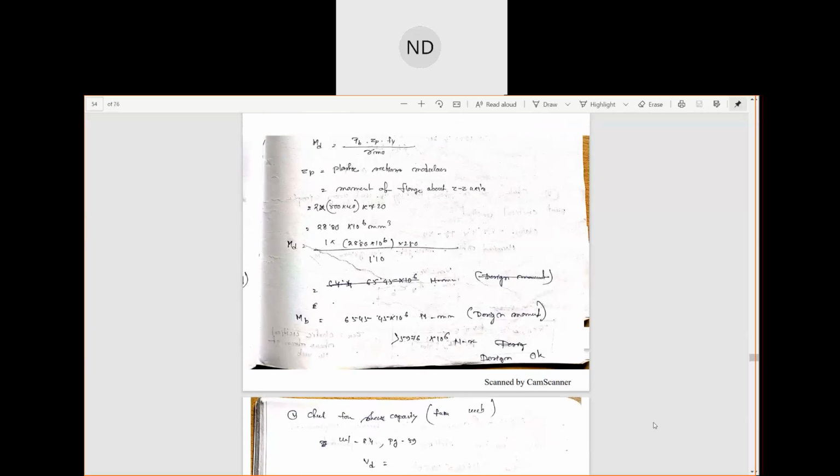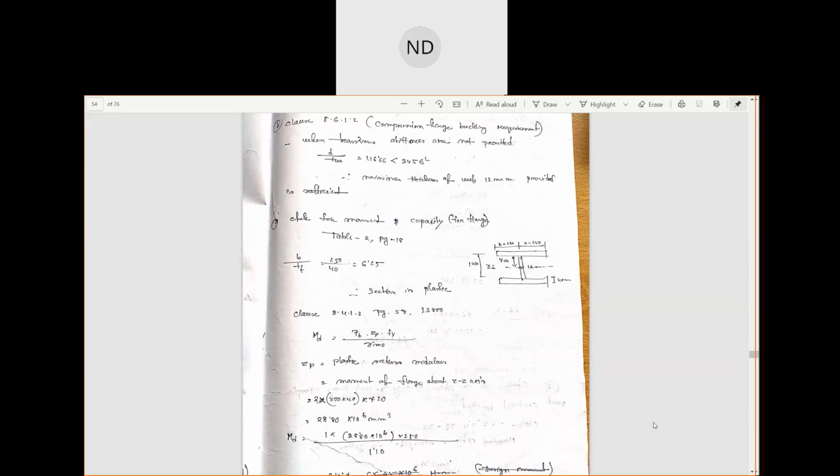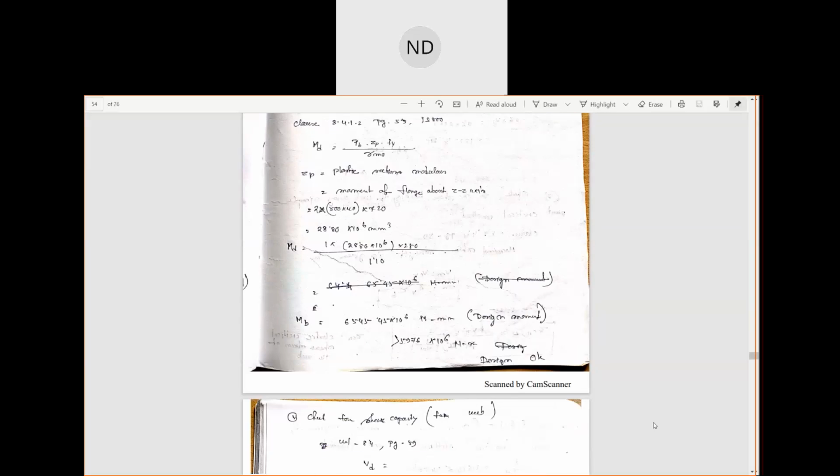Moment is done. Check for moment capacity of flange. Then we have the check for shear capacity. Then we will need the IS code.